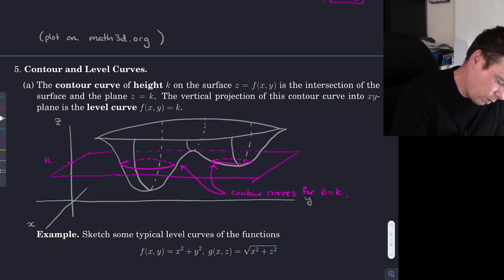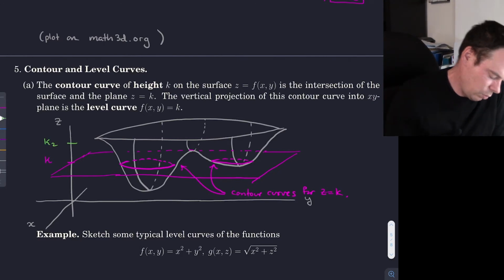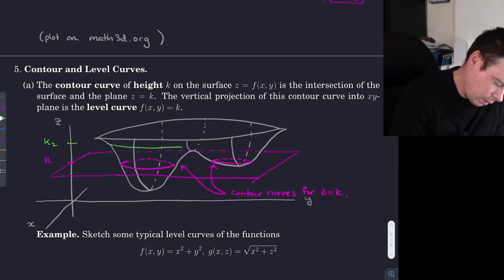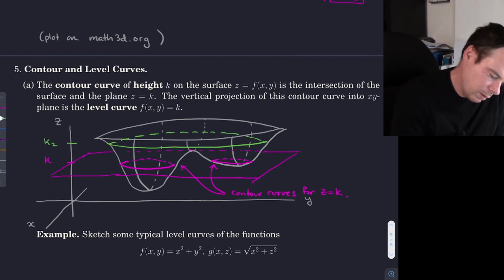I'll get a contour curve at a different height. Maybe I'll say this is going to be k2. So I do another slice, and what I end up with is something that looks like this. This is the contour curve for z equals k1.